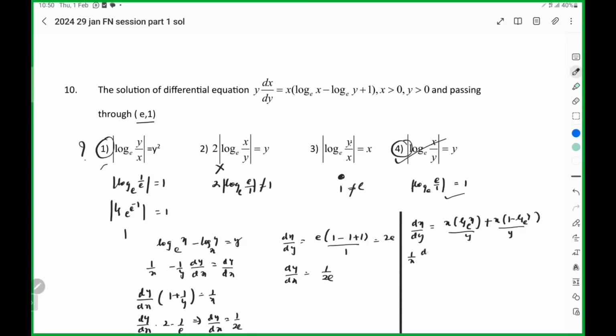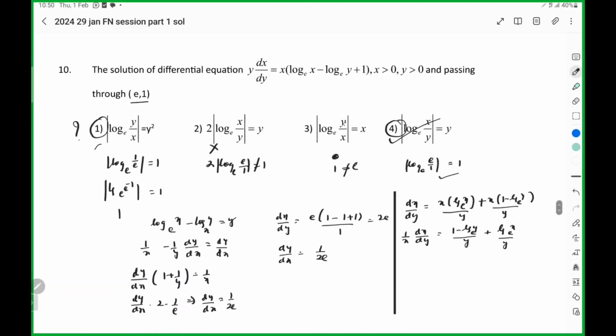So (1/x) dx/dy is equal to (1 minus log y to the base c)/y plus (log x to the base c)/y.